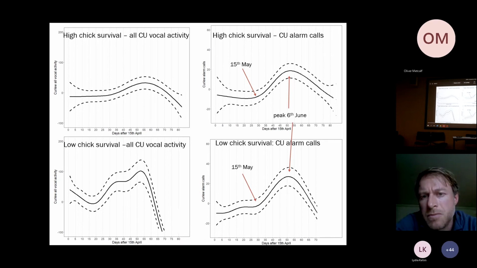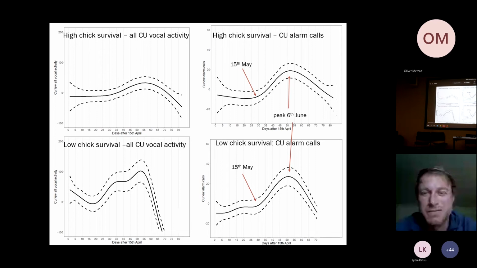The data on alarm calling is a bit different. It's probably a bit confounded by the fact that the low productivity sites had high levels of mammalian predators, and that means you get more alarm calling. But again, the alarm calling attenuates a little bit earlier as the chicks disappear.